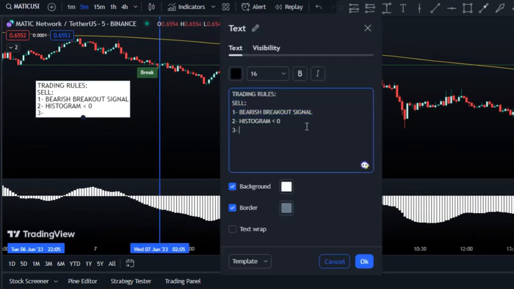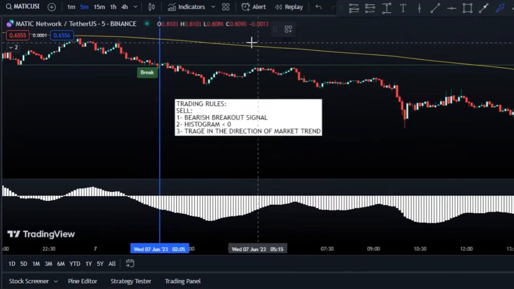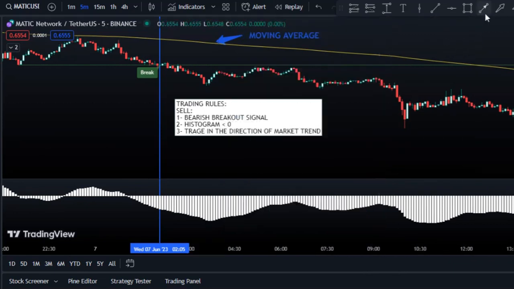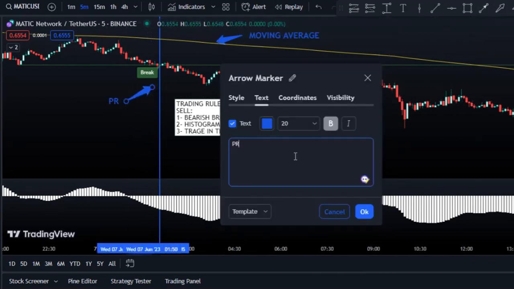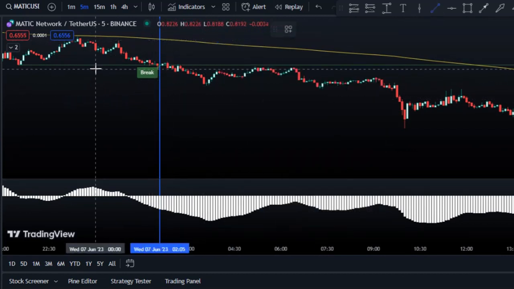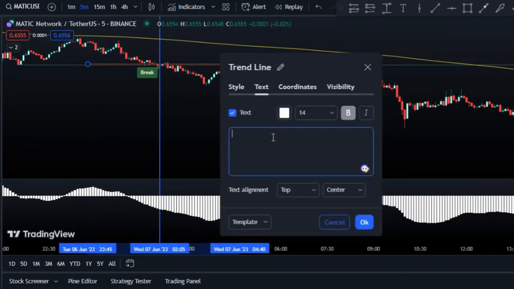And also, we need to make sure we're trading in the direction of the market trend, meaning the price is below the moving average. So when all these conditions are fulfilled, we can enter a short trade at the close price of the breakout candle.